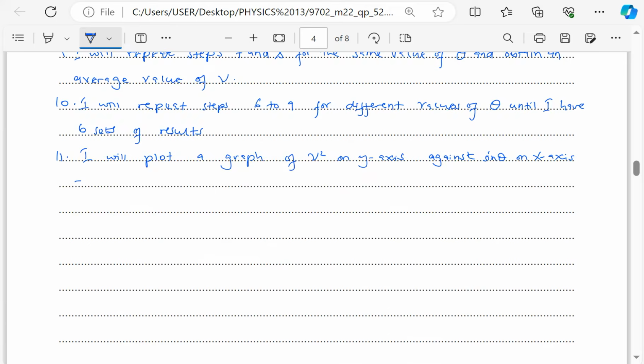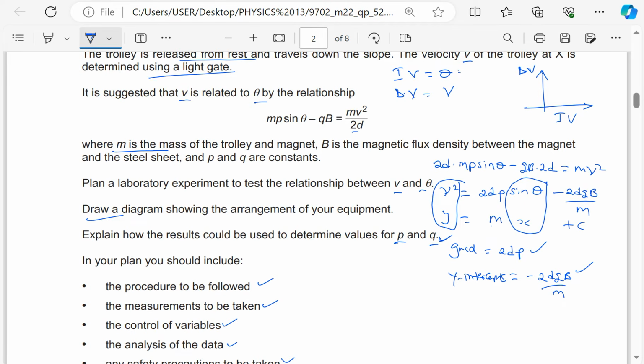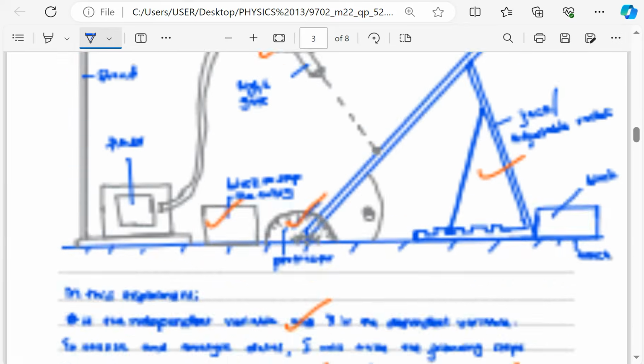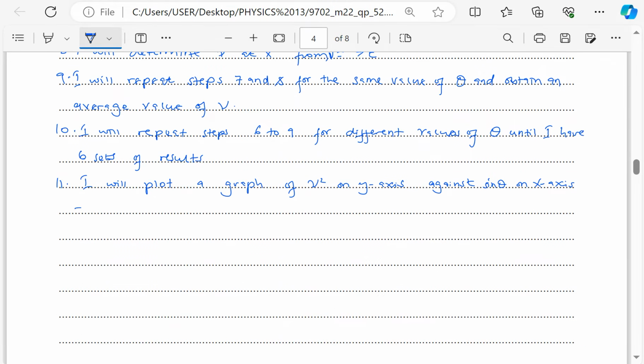We have seen that this graph should be a straight line but has a y-intercept. It doesn't go through the origin. So I will tell the examiner the relationship is valid if a straight line is produced which doesn't go through the origin.